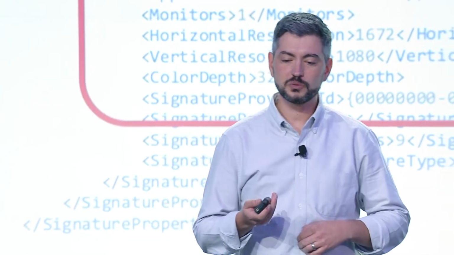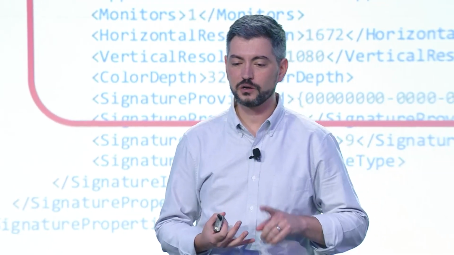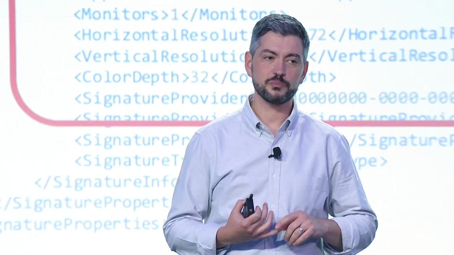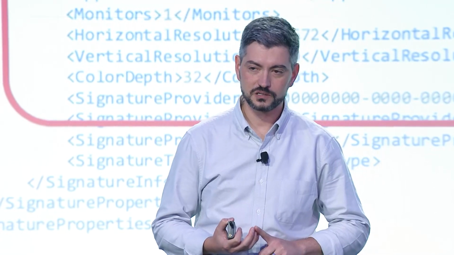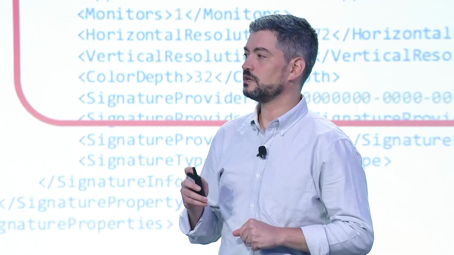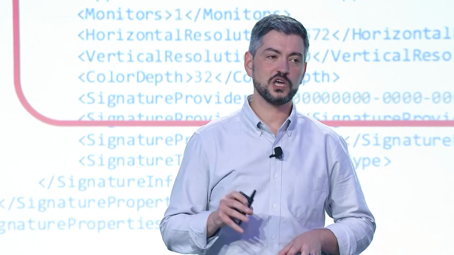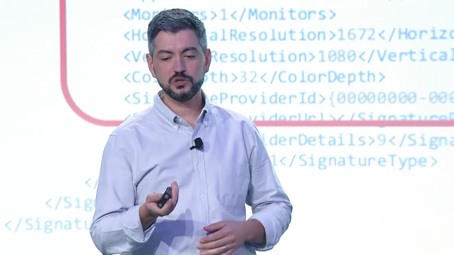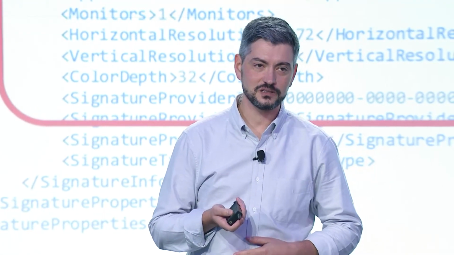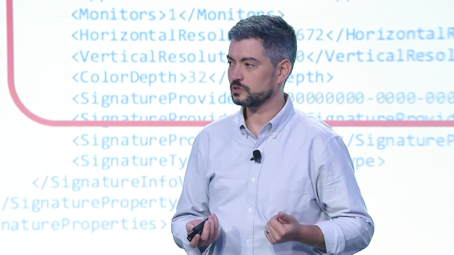But also, something really interesting here is it's putting in the number of monitors, Windows version, Office version, and the resolution and color depth of the system that signed this. Why it's doing this, I'm not quite sure, but it's interesting metadata if you're trying to do campaign and attacker tracking, particularly when you have a weird resolution like this one, right? So 1672 by 1080 is not a normal monitor resolution.